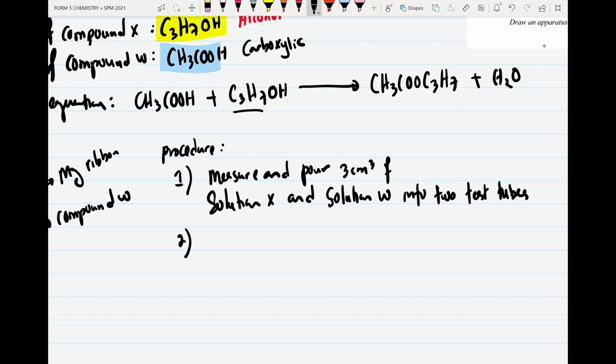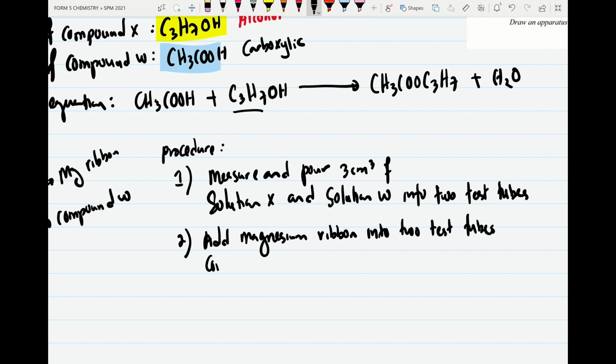Point number 2, we add magnesium ribbon or zinc ribbon into the two test tubes containing solution X and solution W respectively.